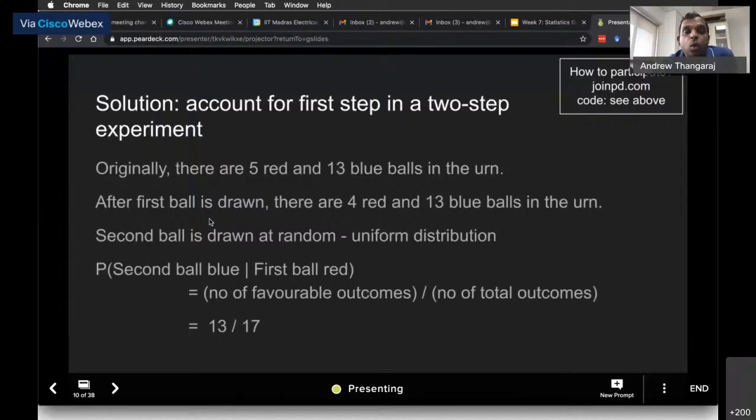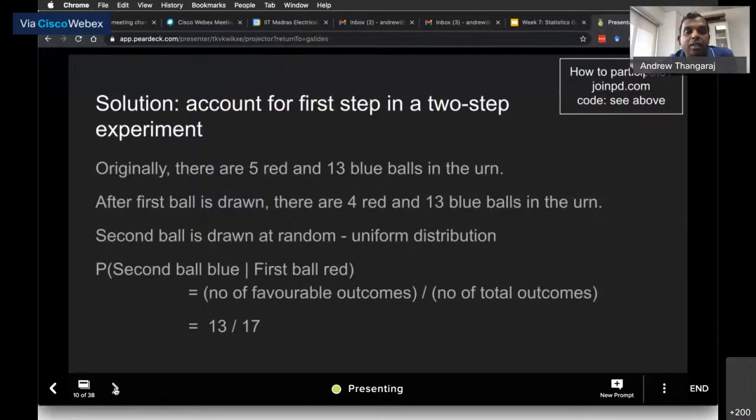What I had in mind was this conditional probability: what's the probability that the second ball is blue given that the first ball is red? The first ball being red is given, so there's no need to worry about it. After that it's the same calculation, 13 by 70. I hope this is clear to people now. What I had in mind when I asked this question, maybe I could have been a little bit clearer in the wording, but this is what I wanted to write.